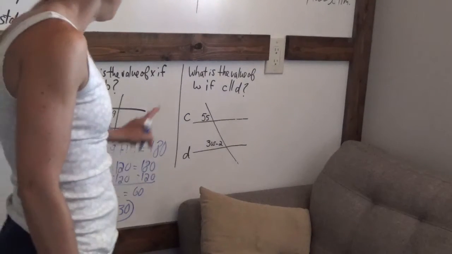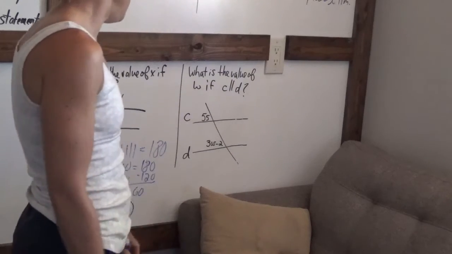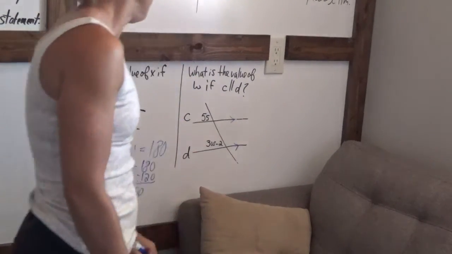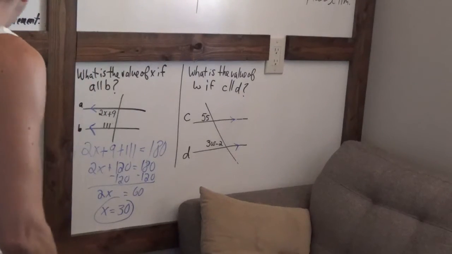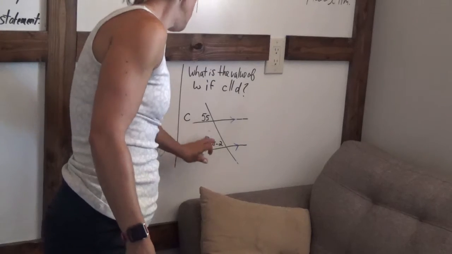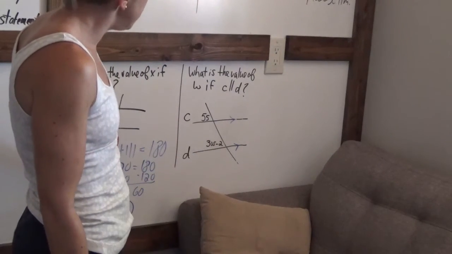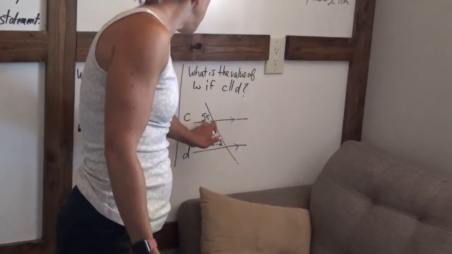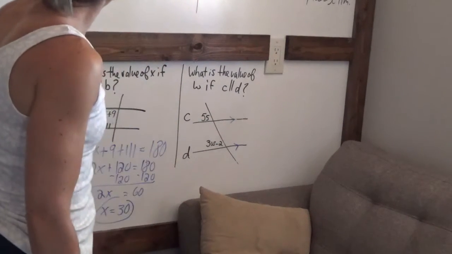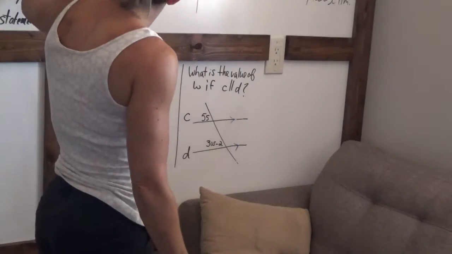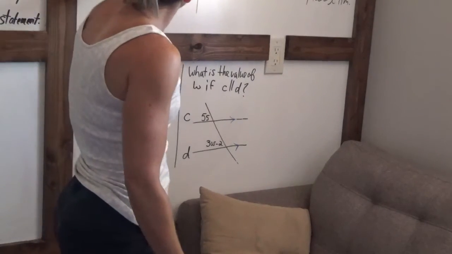Alright, last one. What is the value of w here if C is parallel to D? They're parallel again, so that means all these things are true. We need to understand what kind of angles these are. Are they like what we just did, same side interior? They are definitely not, because this one's on the outside of the parallel line. So if you go through where things are located, those are corresponding angles. So they are equal.